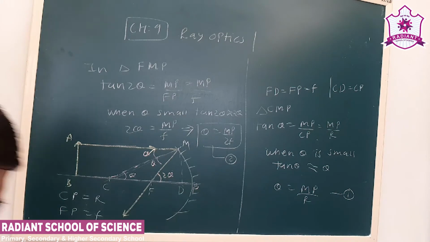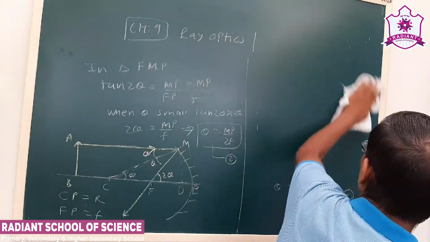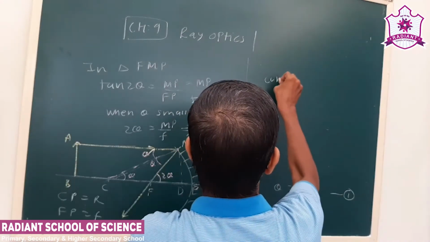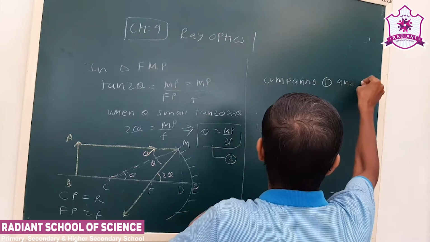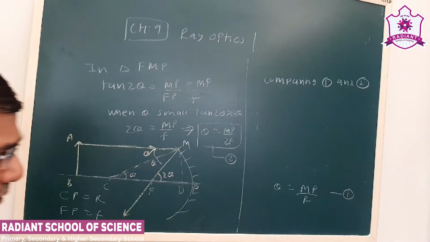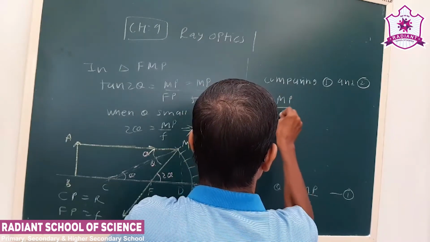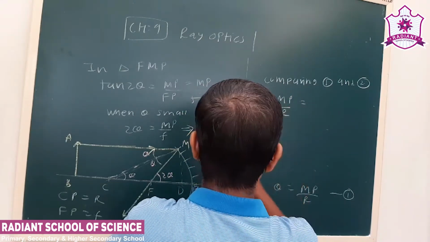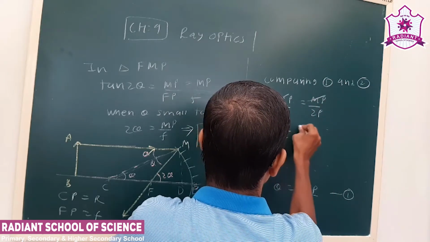Now see, if I compare equation 1 and 2, equation 1 is MP by R, here it is MP by 2F. So 1 upon R is 1 upon 2F.